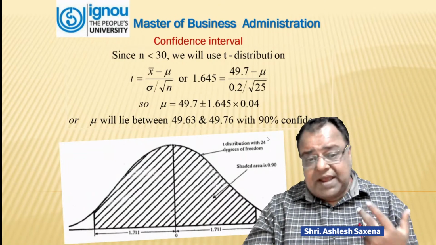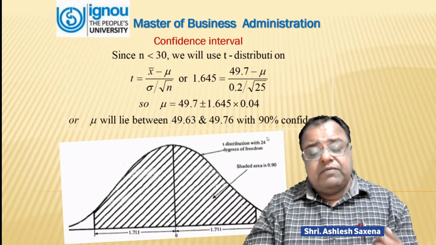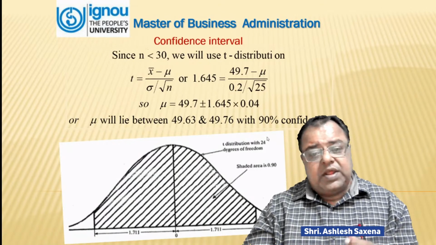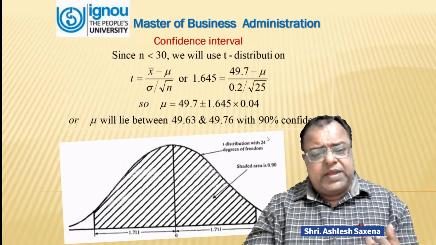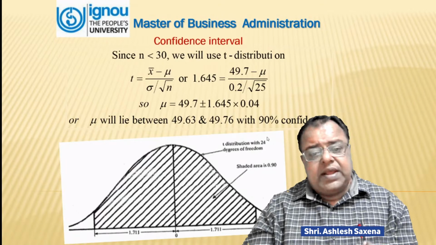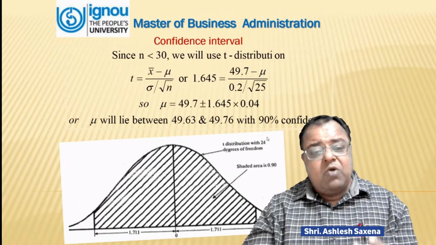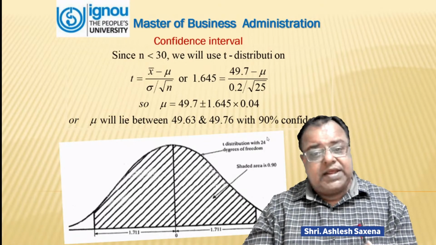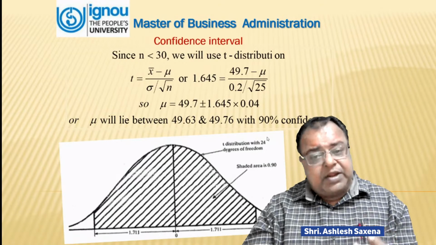For calculating mu, we will get 49.7 plus minus 1.65 into 0.04, which comes out to be 49.63 and 49.76. Now the question arises, how did we get this plus minus sign? Plus minus sign is basically for root 25.